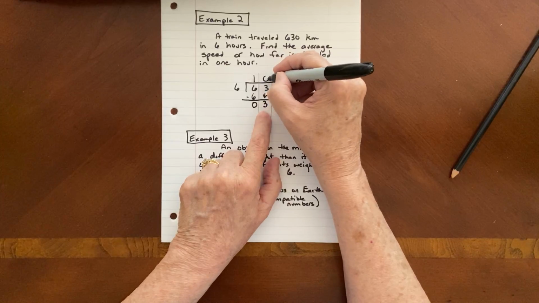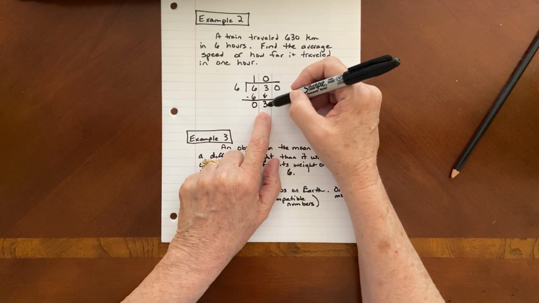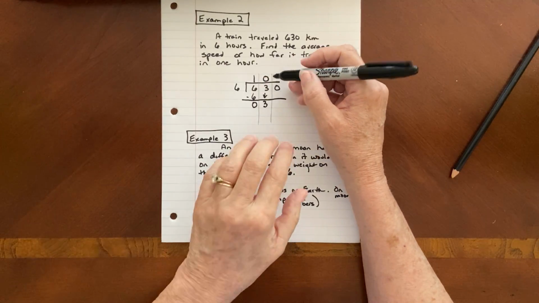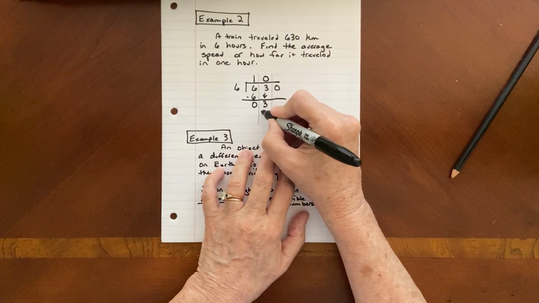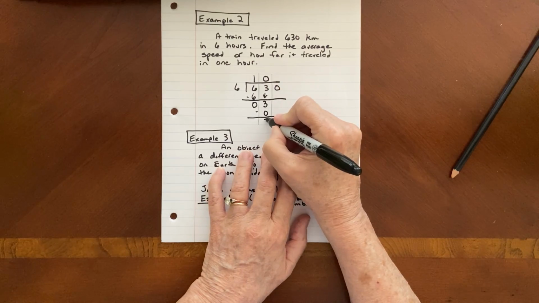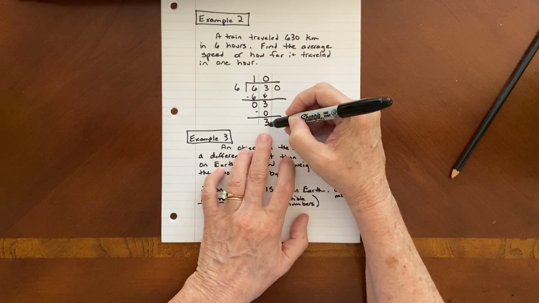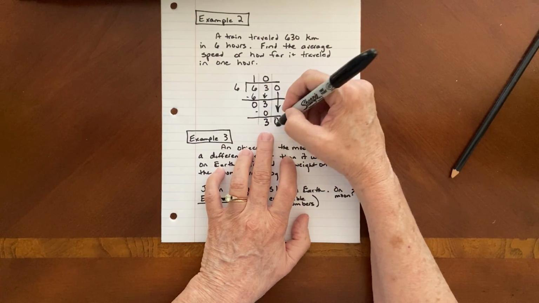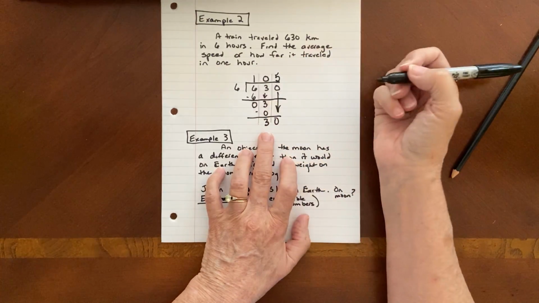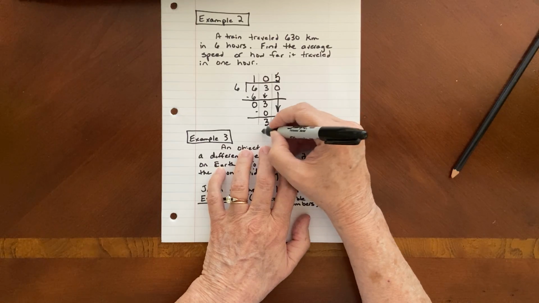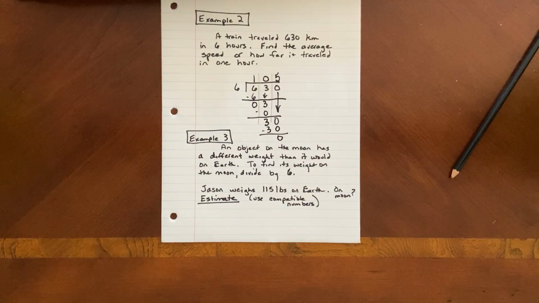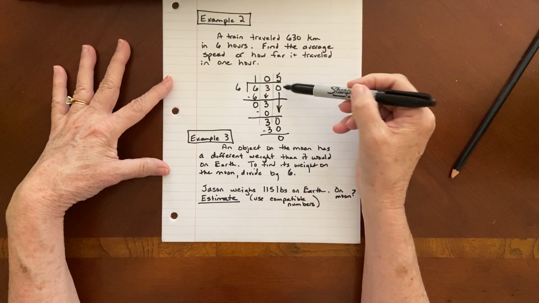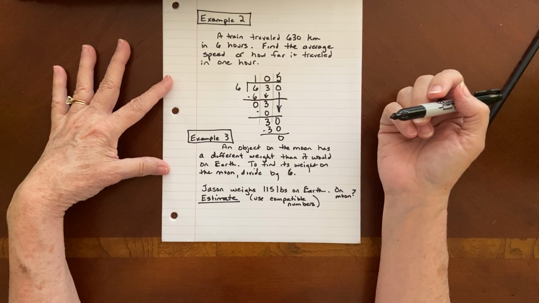So I put a 0 telling me it won't go in there, right above where I'm working that 3. 0 times 6 is 0. Subtract, check, yes. Bring down, will 6 go into 30? Yes, 5 times. Cool, okay. And in order to check, I would just multiply those two, see if I'd get 630, okay?